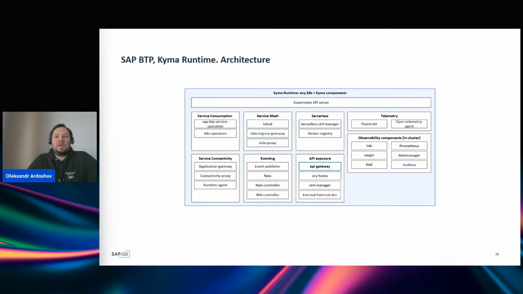Another thing is the API gateway. Basically, Kubernetes is a cluster, and this cluster has pods or some runtime setup, which is completely isolated from the global world.